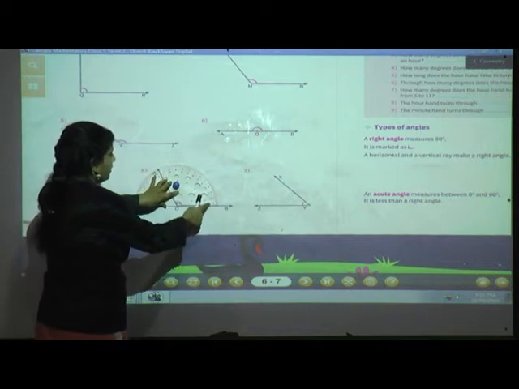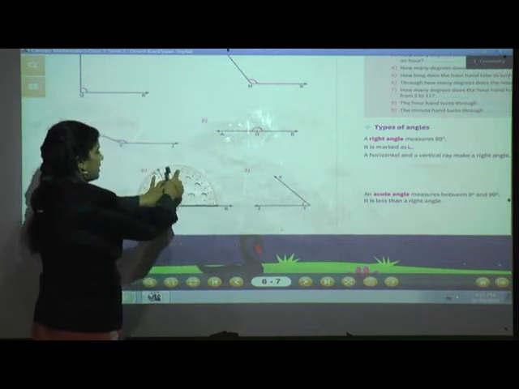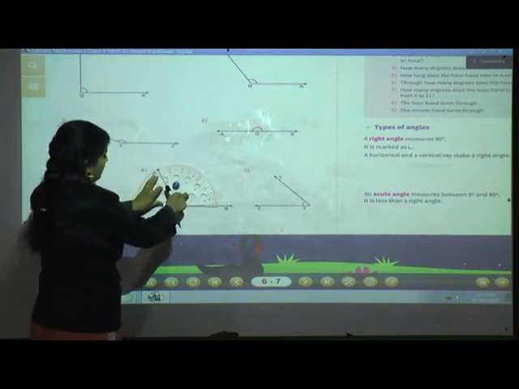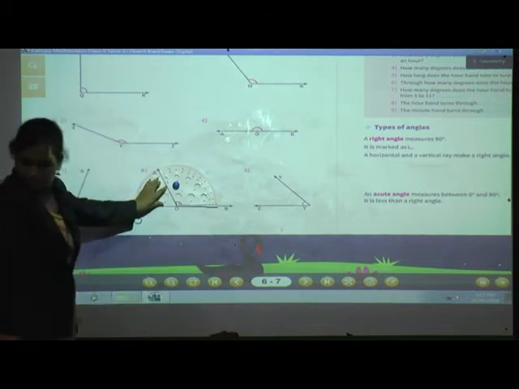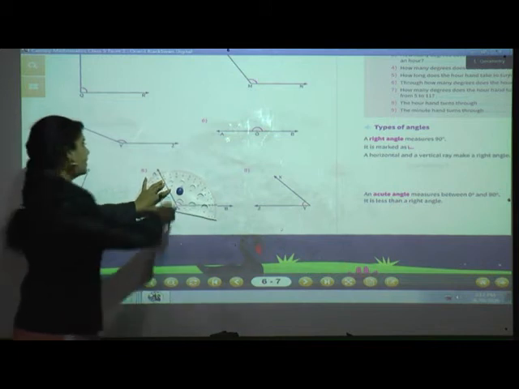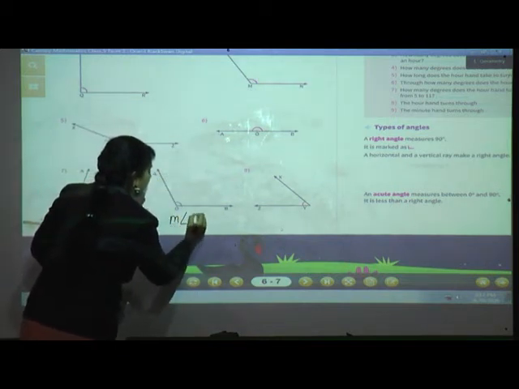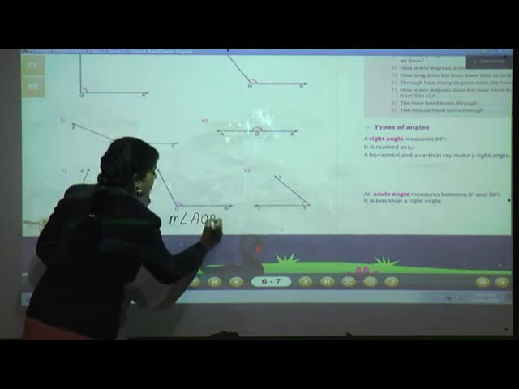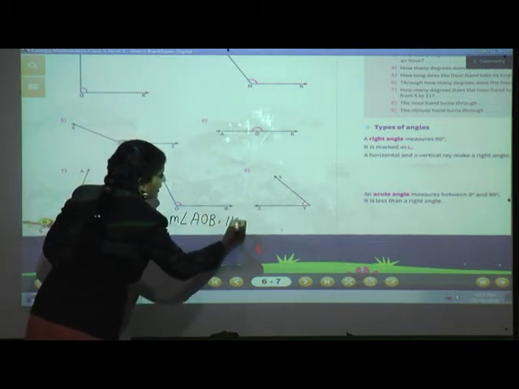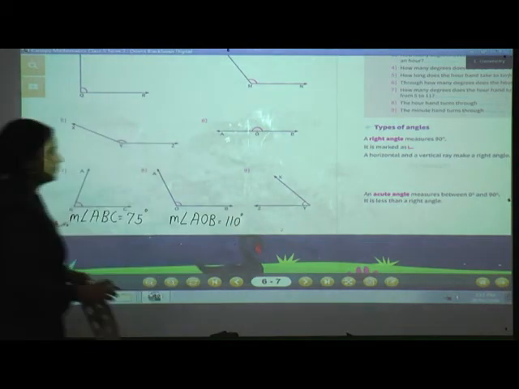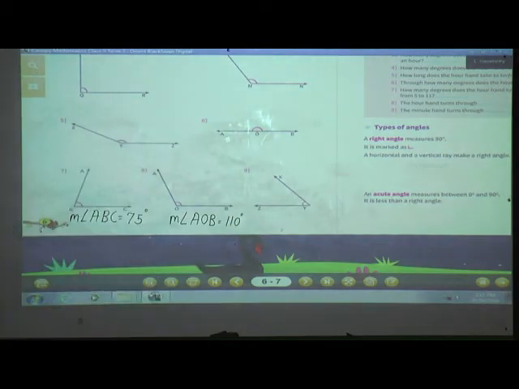From this inner scale, ray OB is on 110. Measure angle AOB is 110 degree.